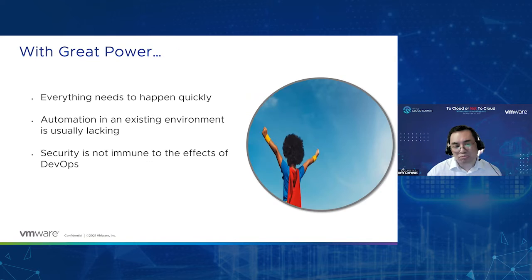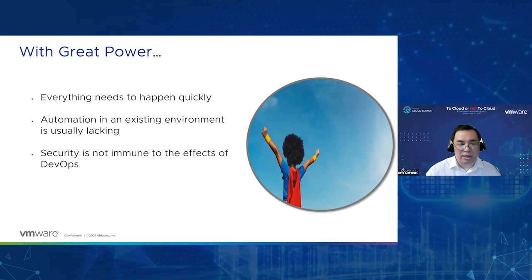Now, with DevOps, everything needs to happen quickly, and things cannot wait. No? The largest problem that we see with most areas is this lack of automation. Without a mature automation system in place, implementing a true DevOps will really struggle.